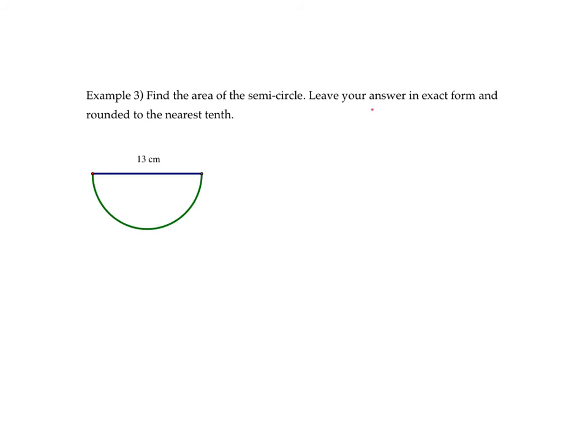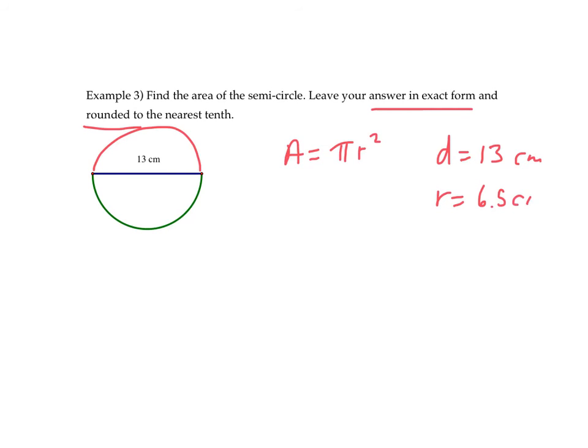Again, we're going to leave our answer in exact form and also round it to the nearest tenth. So the area of a circle is pi r squared. If this were a whole circle, the diameter being 13 centimeters, that gives us a radius of 6.5 centimeters. We just take the diameter and divide by 2.